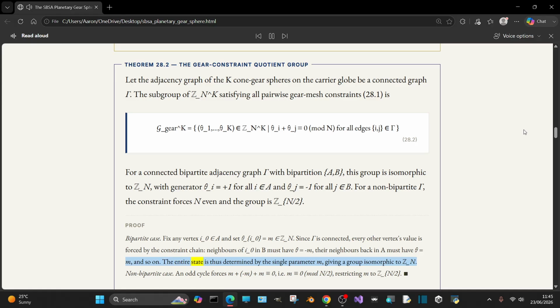The entire state is thus determined by the single parameter m, giving a group isomorphic to Z_n. Non-bipartite case. An odd cycle forces m + m ≡ 0, i.e. 2m ≡ 0 mod n, restricting m to Z_{n/2}.